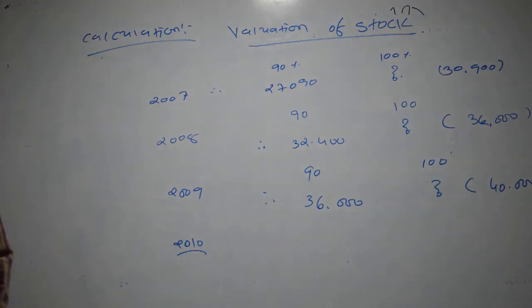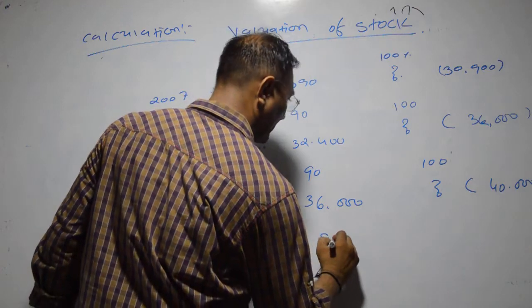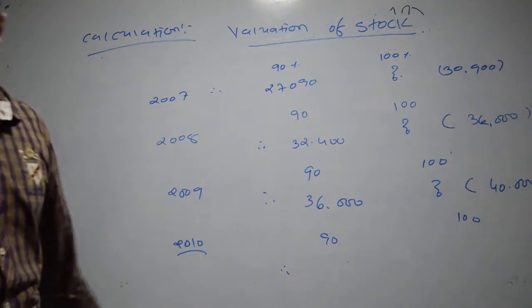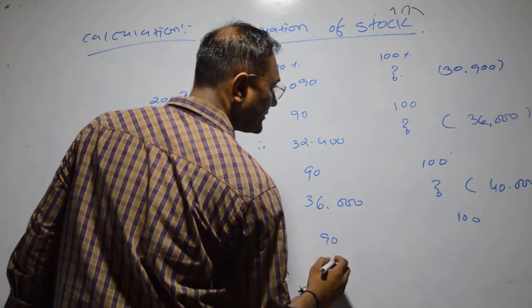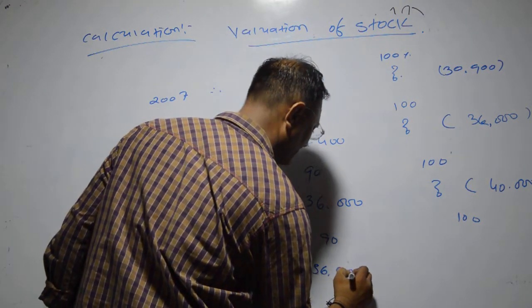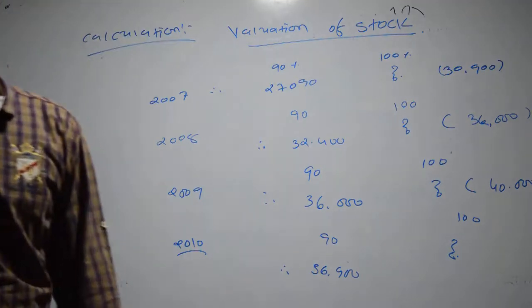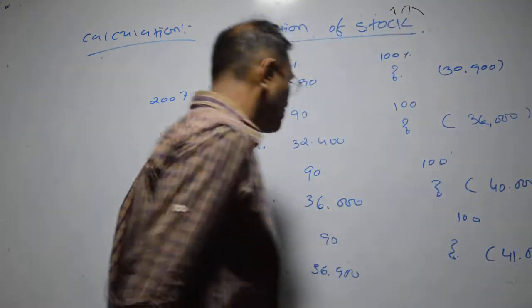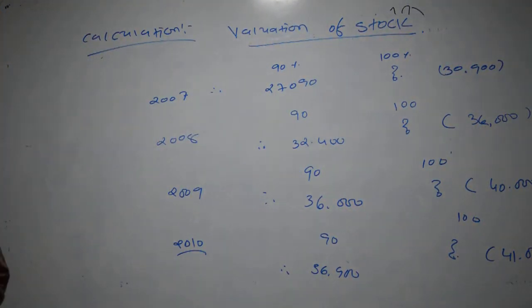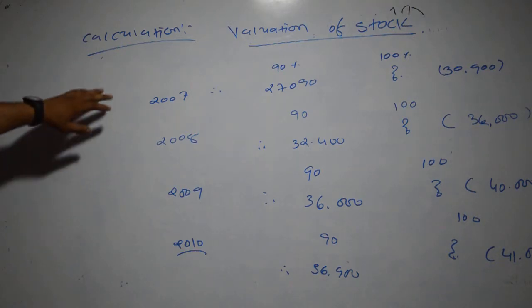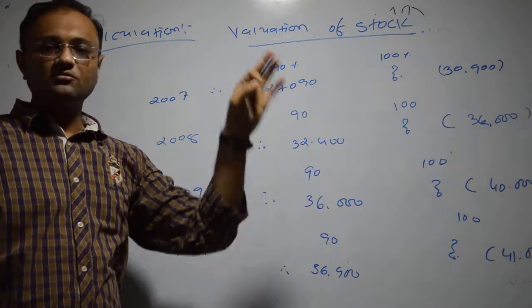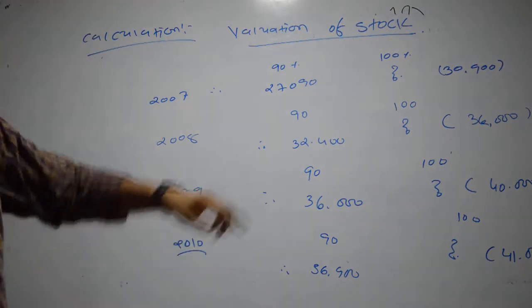The value given here is 36,900, 90 to 100, and the calculated price is 41,000. This is the main calculation to keep in mind: the actual cost price is not mentioned, instead a price 10% less is given.